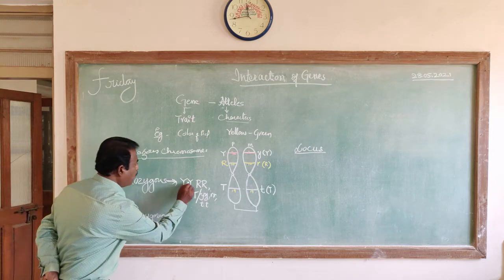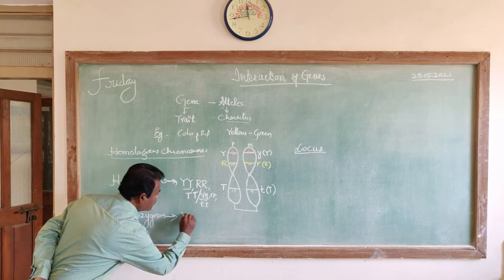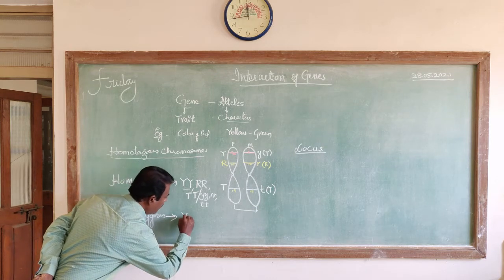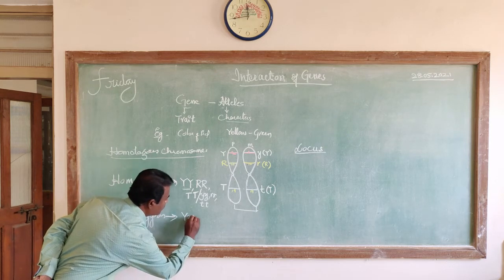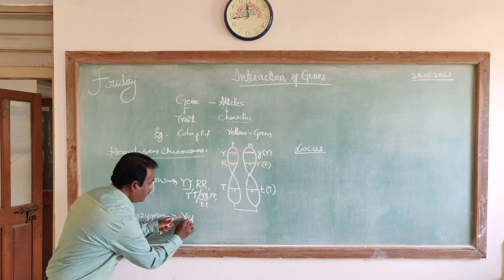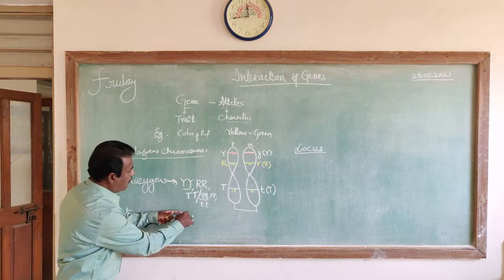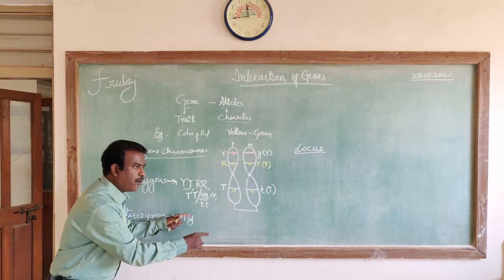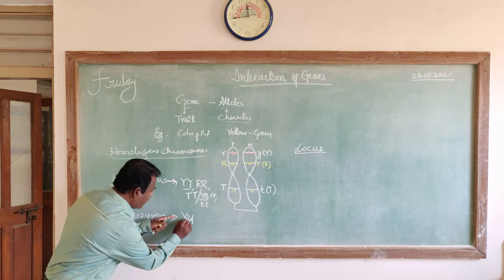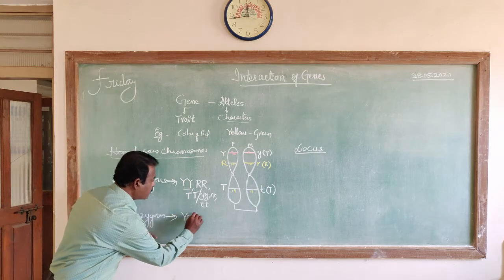For example, for color of the seed, if the genotype is present like this, one allele is capital Y and another allele is small y, these are in heterozygous state because this allele is for yellow color and this allele is for green color. Still the character expressed here is yellow colored seed, but they are heterozygous in state.